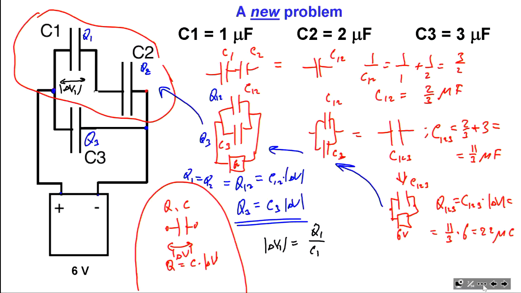We can apply the same equation to calculate voltage 2, but also voltage number 2 will be equal to 6 minus the voltage number 1, because together, if we add them up, they have to be equal to the voltage of the battery, 6. So these are all the connections, nothing new.